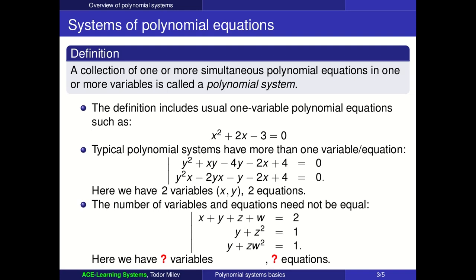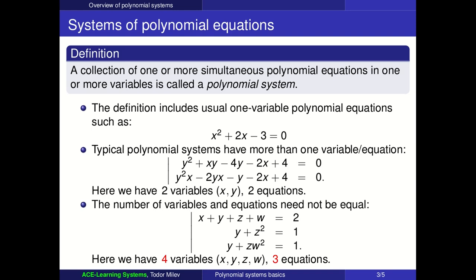The number of variables and equations need not be equal. For example, we could have the following system: x plus y plus z plus w equals 2, y plus z squared equals 1, and y plus zw squared equals 1. This system would have four variables, I'm sure you guessed it correctly, but it only has three equations.